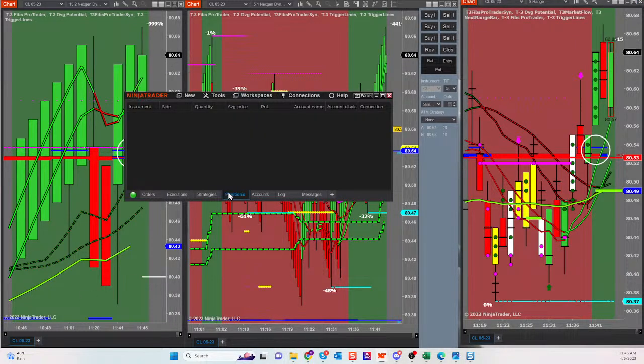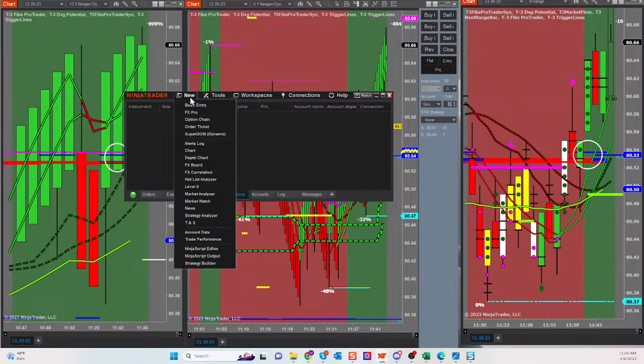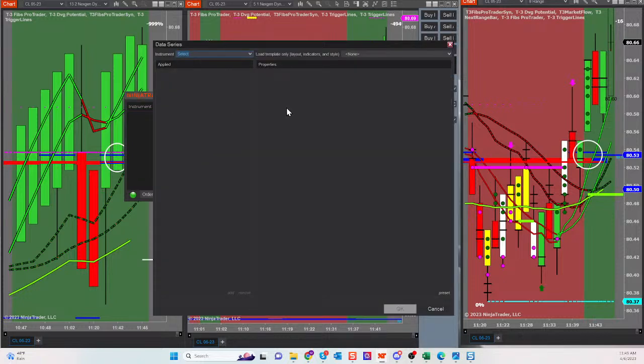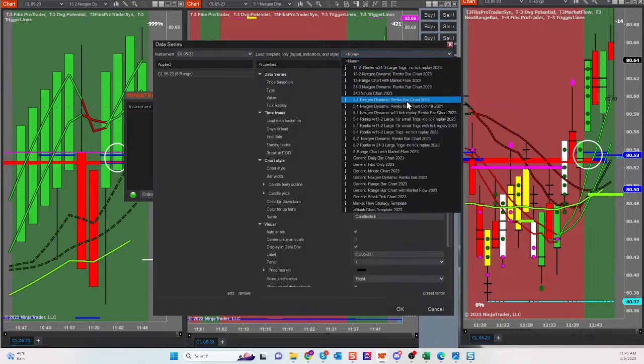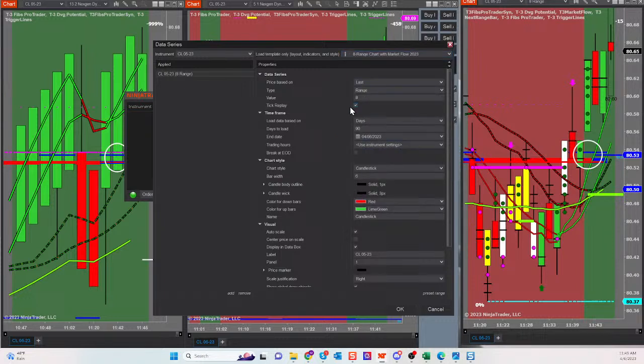Oh, awesome. I will definitely do that, Ron. So Sophia, new chart, and that's going to bring up your data series. And I'll set it up for you, and then I'll send you a picture. 8 range chart, tick replay, 5 days.